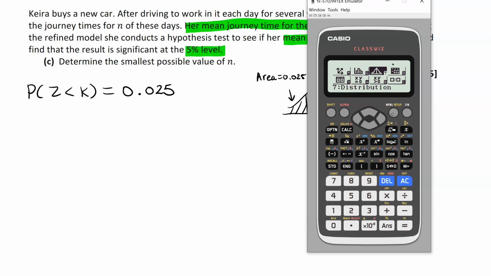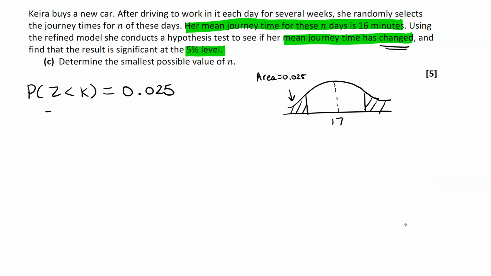There is a table in the formula book, but you can also just do it this way in your calculator. So go menu 7, inverse normal, and we put an area 0.025. We're going to keep our standard deviation as 1 and our mu as 0 because we're talking about the standard values. And when we do that, we get z as minus 1.96.